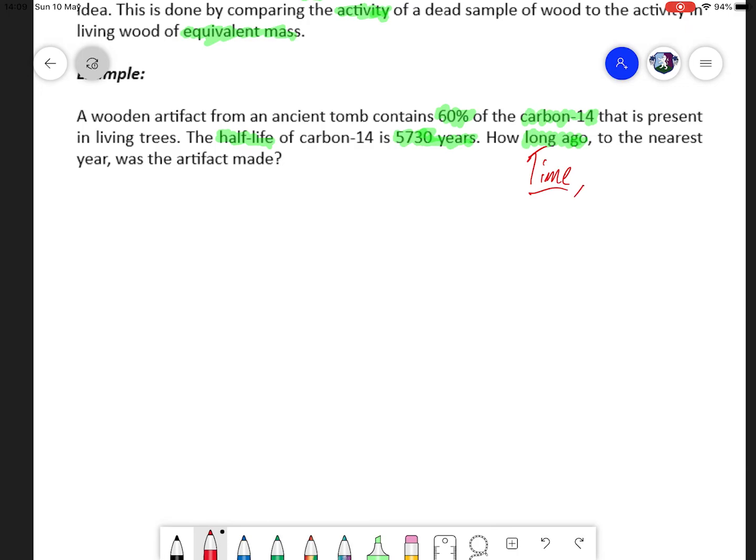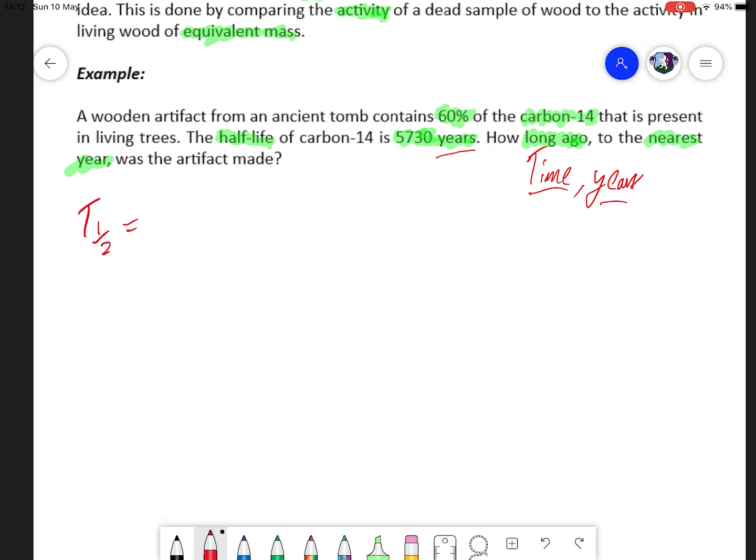Now, it does ask for this as well in years, or to the nearest year. So don't leave any decimals in your final answer. But as this is being asked for in years, we already have the half-life in years. So we should not need any form of conversion into seconds. Everything we have should be fine to carry through.